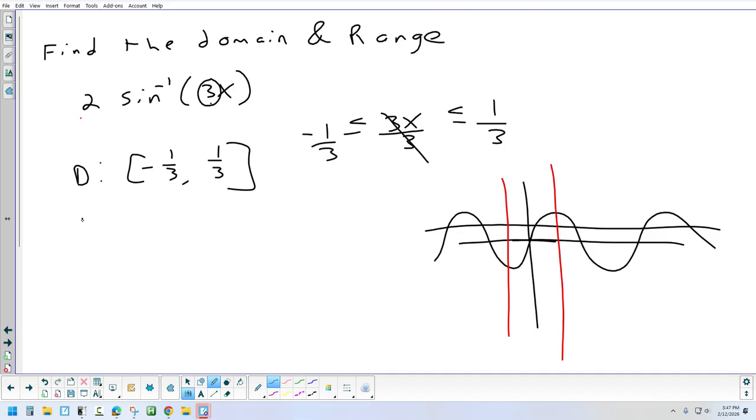Okay, range. What is the range of inverse sine? Just the basic range. If you don't remember the range of the inverse, think of the domain of the original. -pi/2 to pi/2, those red lines. What's that 2 doing?